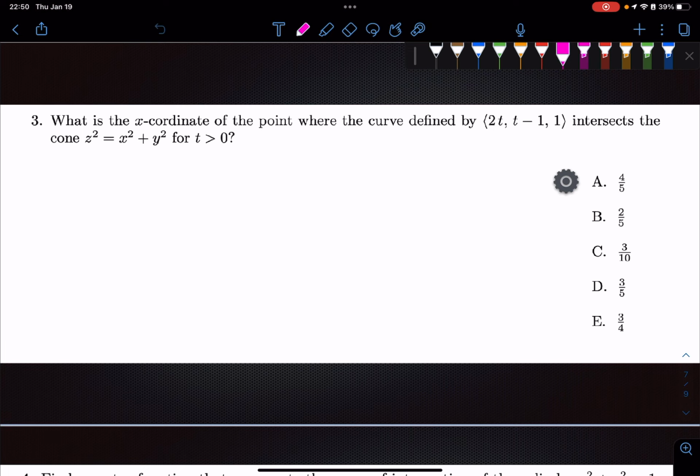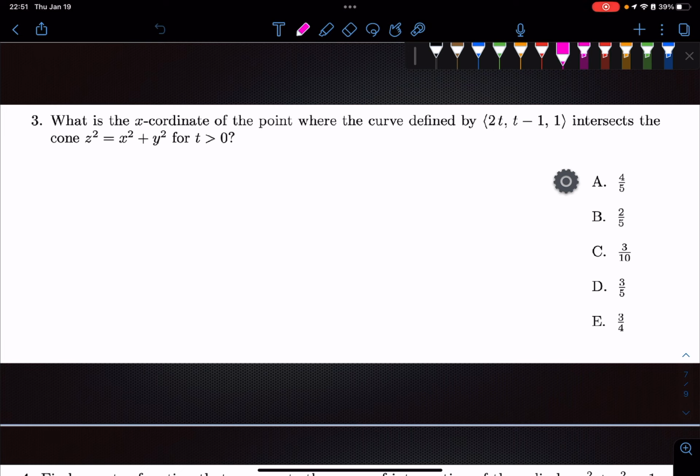Right now I want you to identify the type of question and have an idea of what we are looking at. So what is the x-coordinate of the point at which the curve defined by this intersects with a cone? It's this for t greater than 0.